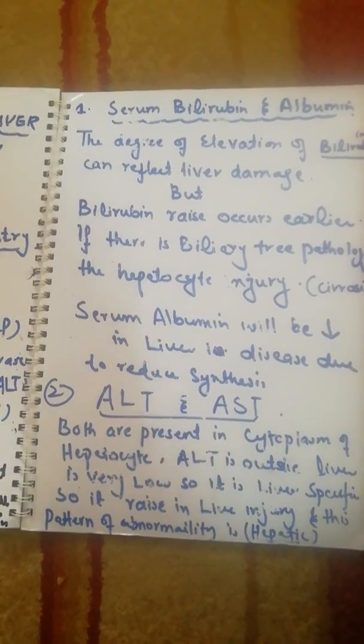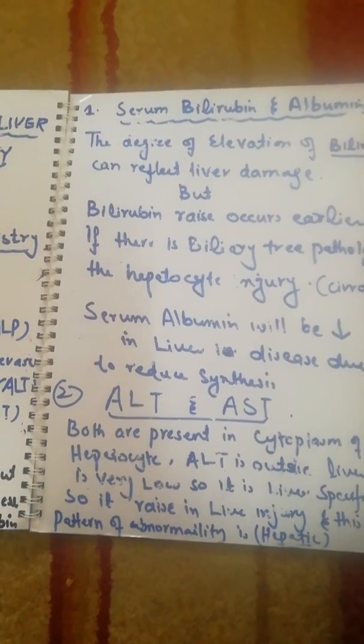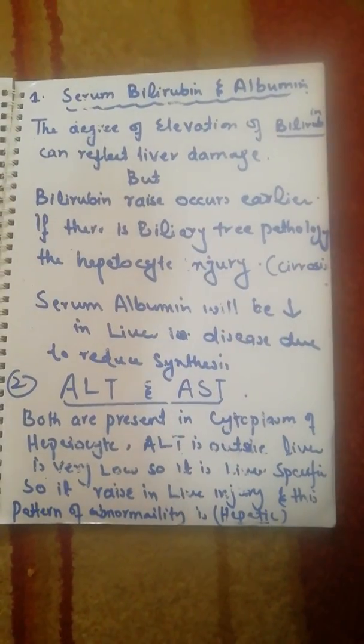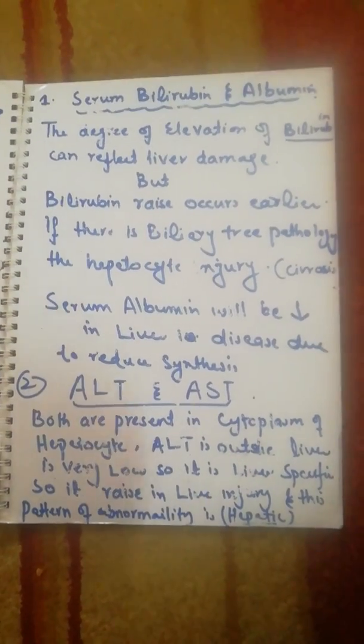In case of biliary tree pathology, bilirubin will rise earlier, but in case of liver pathology like liver cirrhosis, it will increase gradually and slowly.